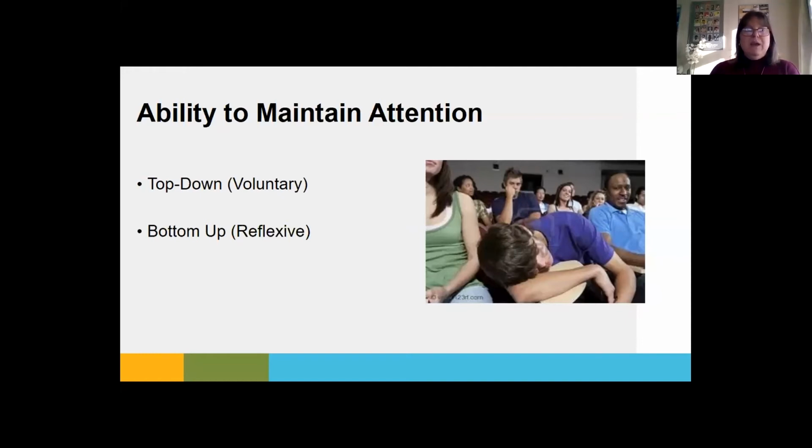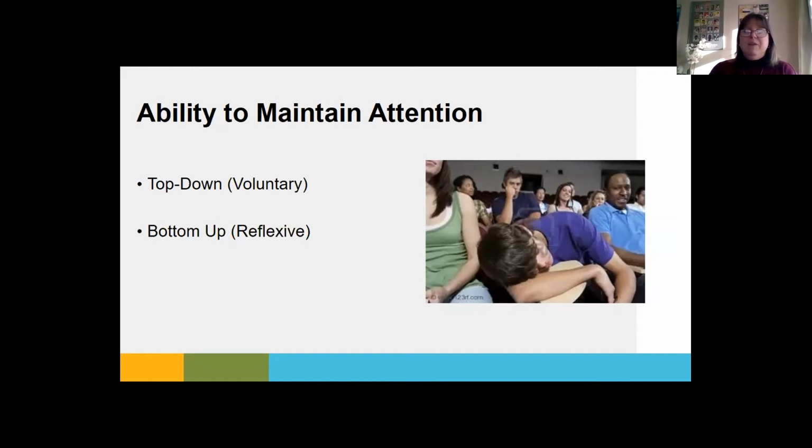Attention could also be bottom up, which is called reflexive, and that comes more from our physiology. So we could be alert, happy, motivated, engaged, and even though this maybe wasn't a topic that we knew an awful lot about or had thought about much in advance, we found that there's something about it and about our general state of being that is keeping us engaged.